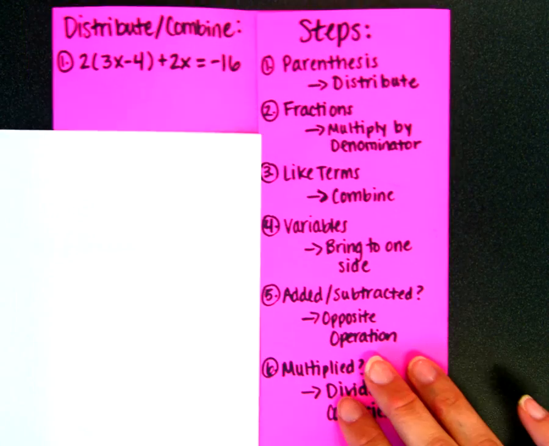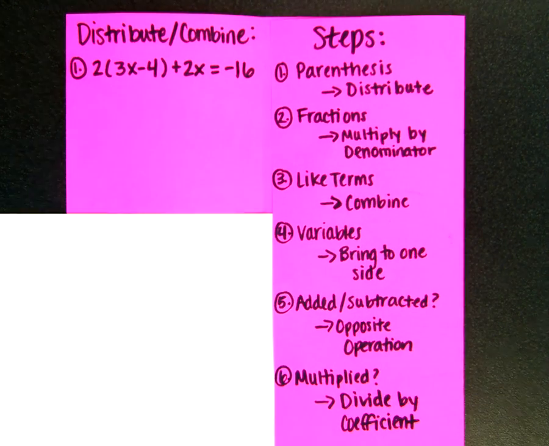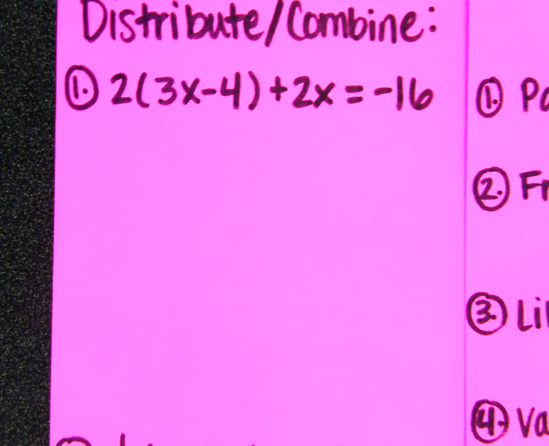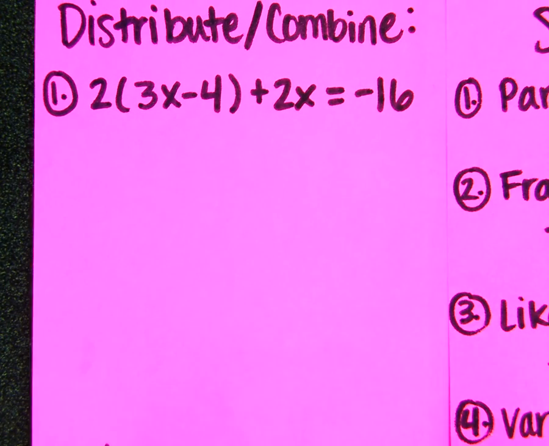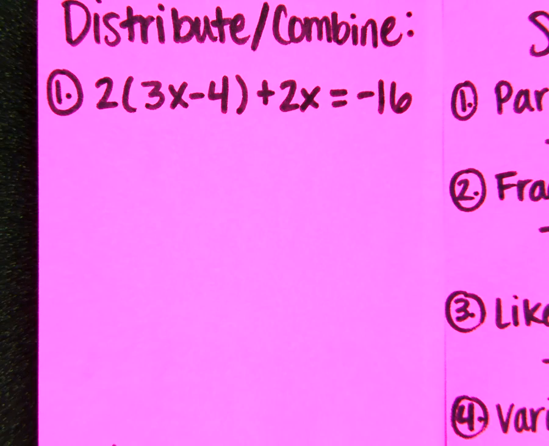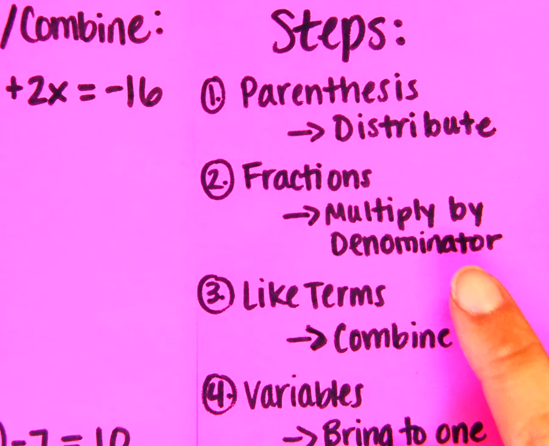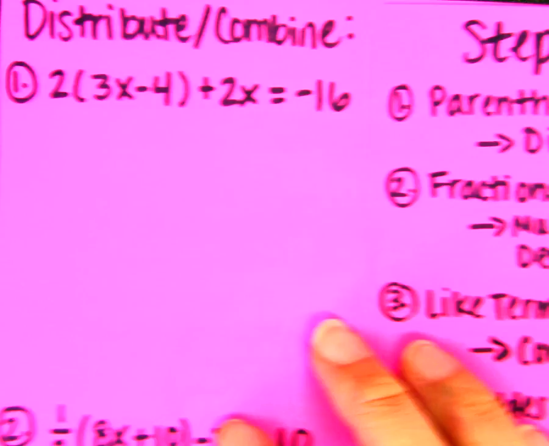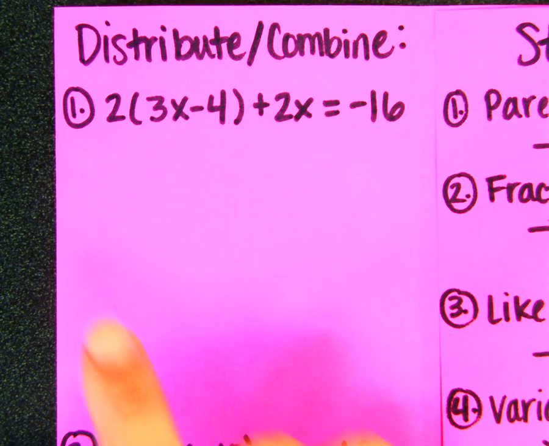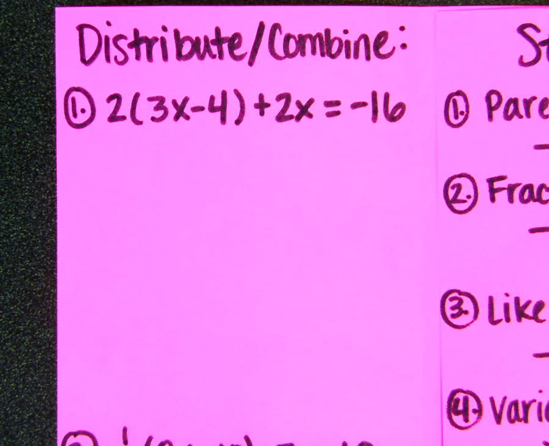We're going to look at the first problem here. There's our first example. So you go through your steps. The first step says parentheses. Are there a set of parentheses in question 1? Well, yes.